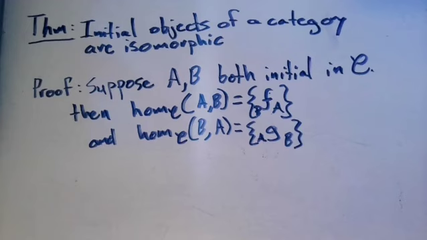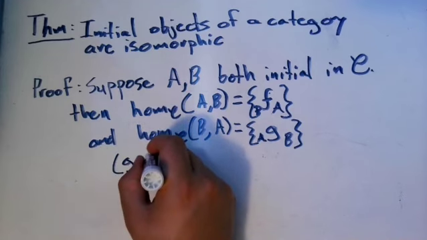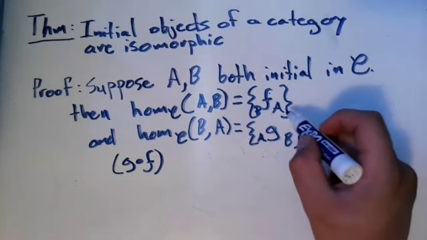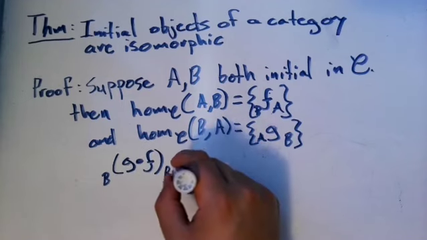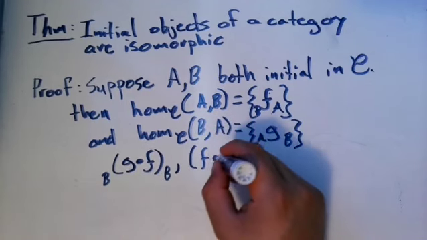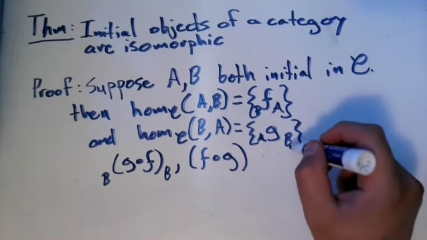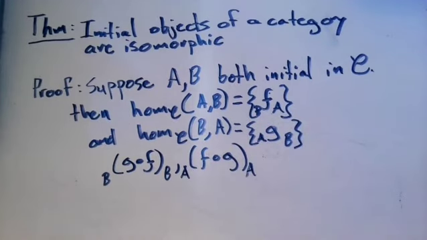Now, because the domains and codomains of these two morphisms line up, we can compose them to get G after F, which takes us from A to B and then from B back to A, as well as F after G, which takes us from B to A and then from A back to B. But of course, we already have morphisms going from A to A and from B to B respectively.